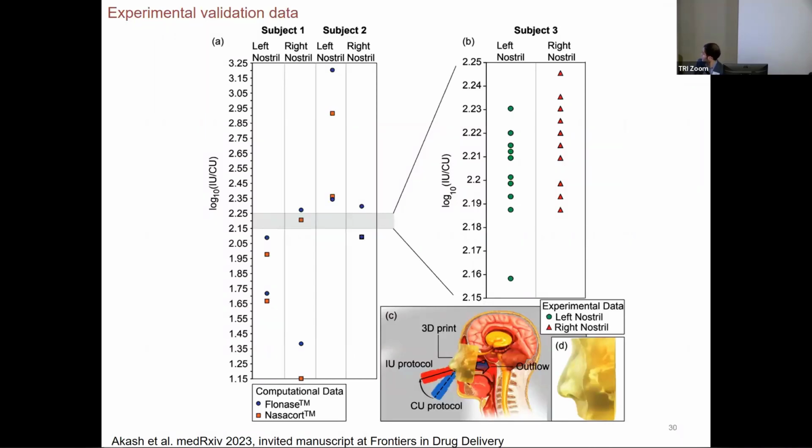data. So on the left, you have the CFD numbers for the two subjects. It is measuring IU over CU, the improvement with IU, on a log scale. The range is from 1.15 to around 3.25. So basically 100 times to around 300 times improvement with IU using the particle size distribution. So it is different than those line plots that I showed you.